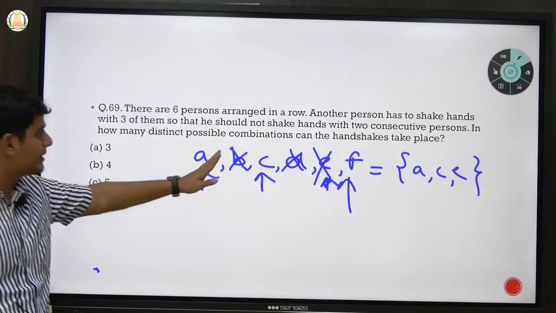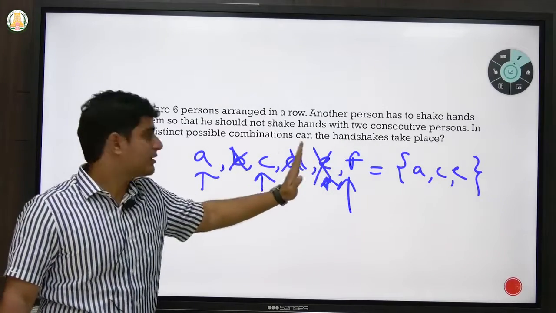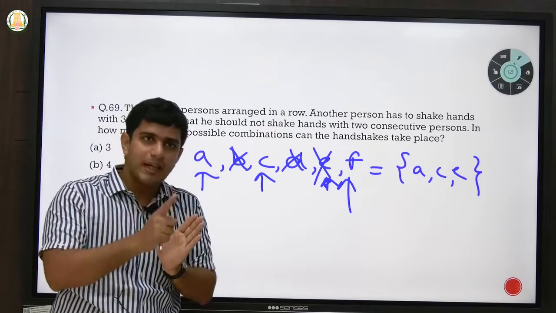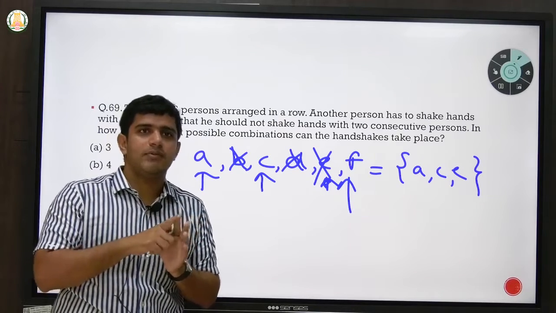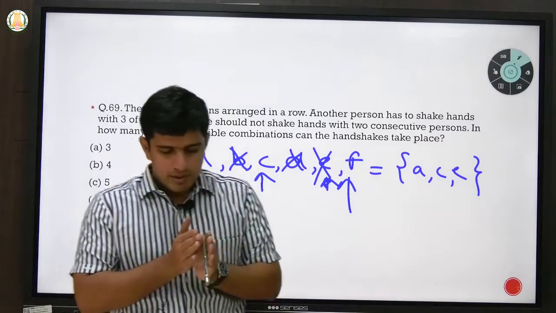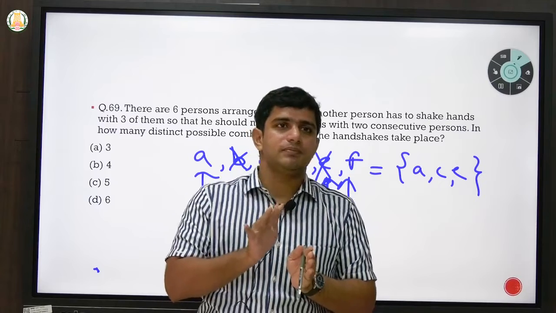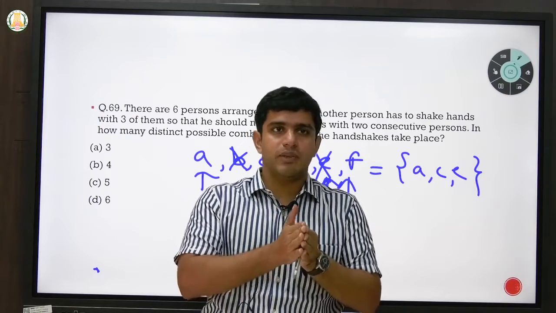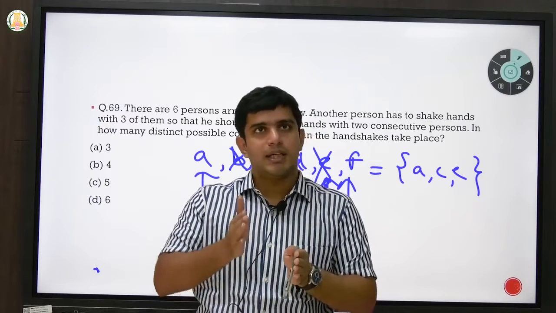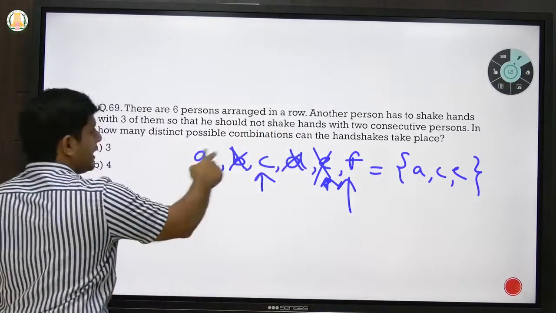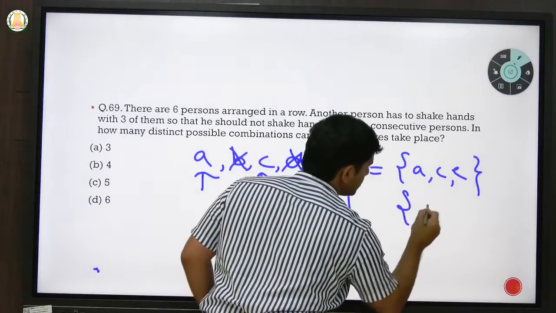Then also you can see they are not consecutive, because it does not say there should be only one person in between. When we say non-consecutive, the gap between two entities should be at least one. If it is 0 they are consecutive. If it is 1 they are not consecutive. But if there are 1, 2, 3 also, it is non-consecutive. So ACF is also a possible combination.